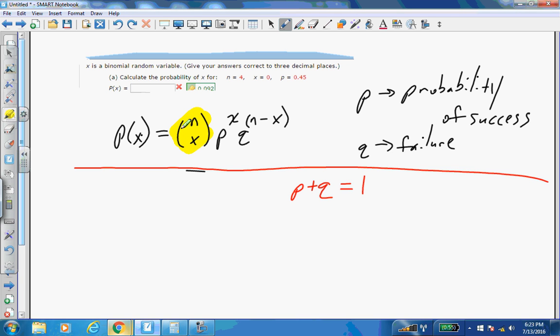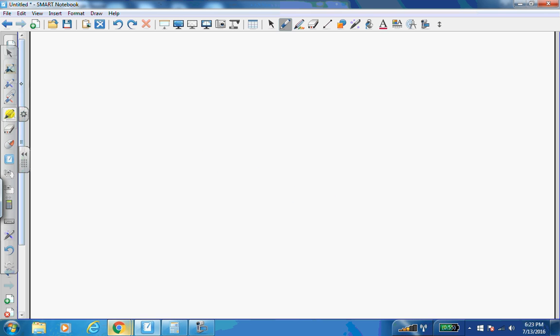This n choose x out front, just as a reminder, tells us how many different ways there are of having x successes and then the rest failures. One example from the book, and I think I put this in the PowerPoint, is you have a quiz, you don't know anything about the questions, and they're multiple choice.